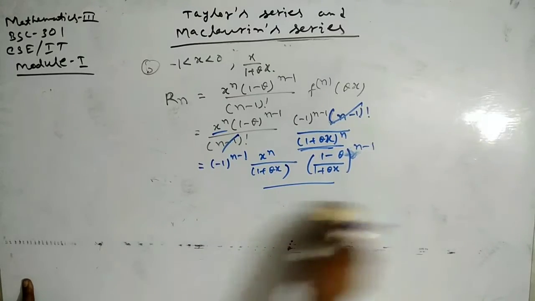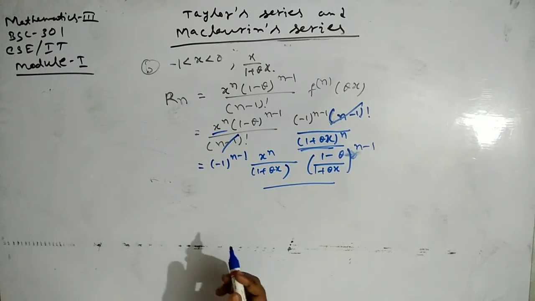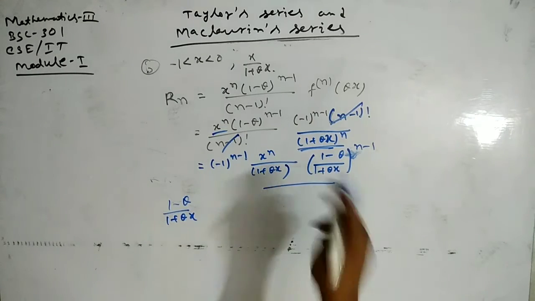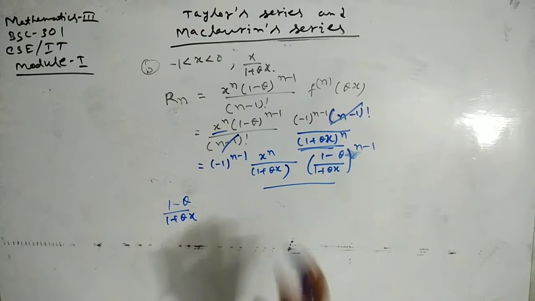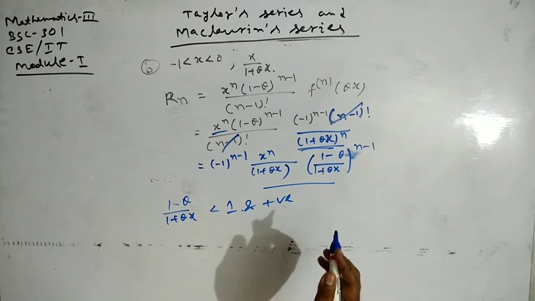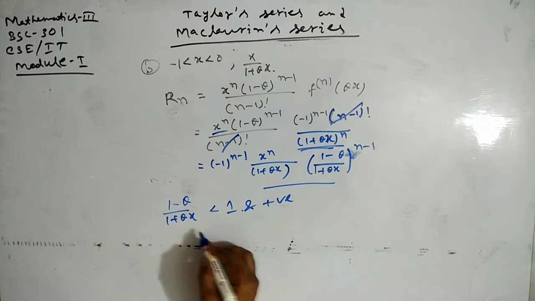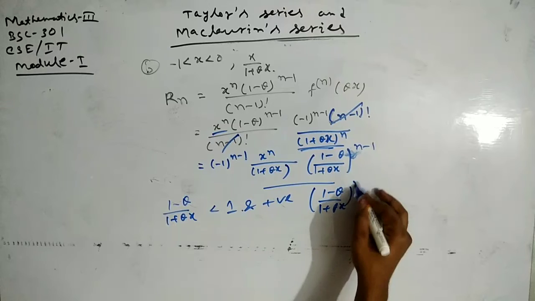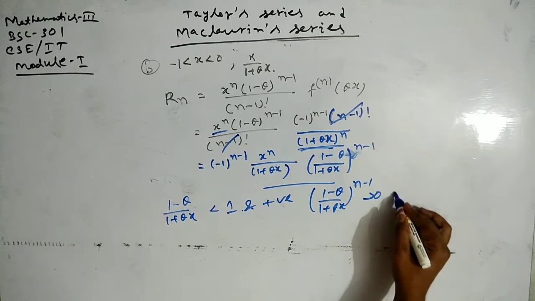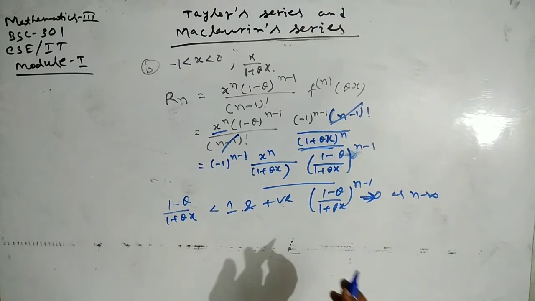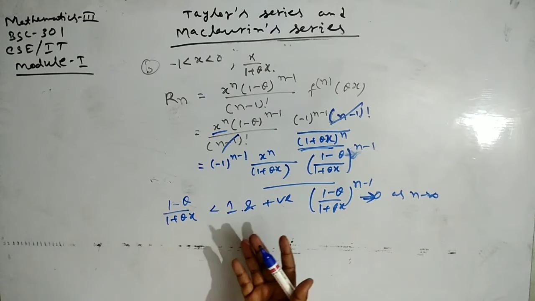Now this term, (1 minus theta) by (1 plus theta x), is positive and less than 1. Hence we can say that ((1 minus theta) by (1 plus theta x)) whole to the power n minus 1 tends to 0 as n tends to infinity, since it is positive and less than 1.